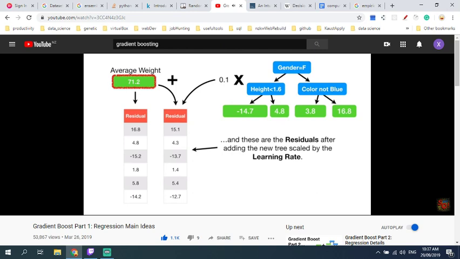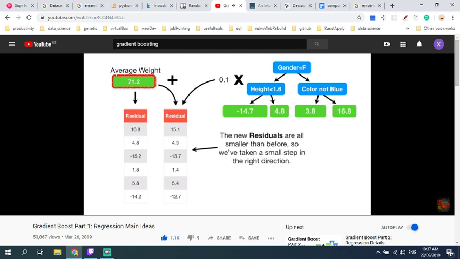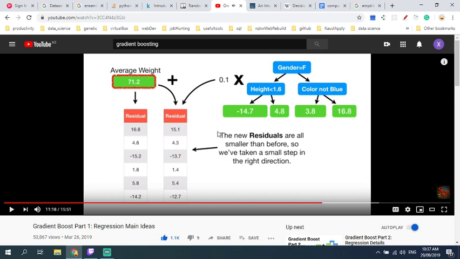Note, these are the original residuals from when our prediction was simply the average overall weight. And these are the residuals after adding the new tree scaled by the learning rate. The new residuals are all smaller than before, so we've taken a small step in the right direction.